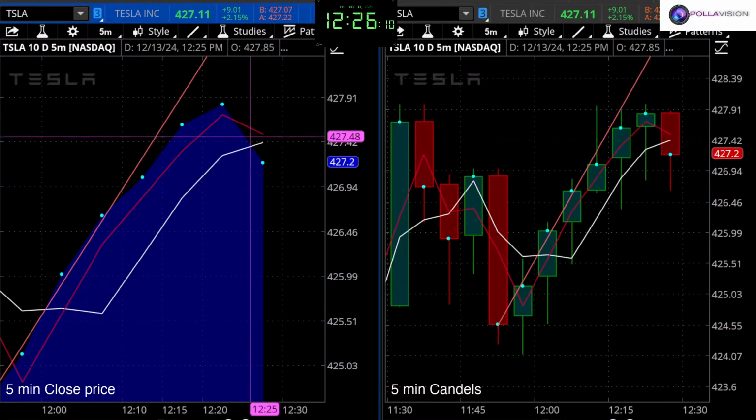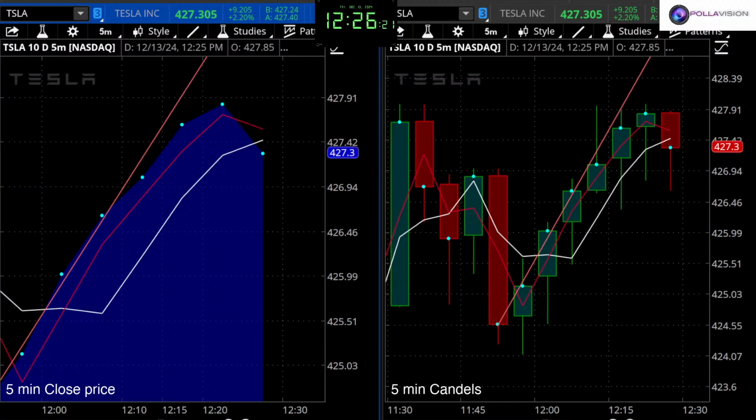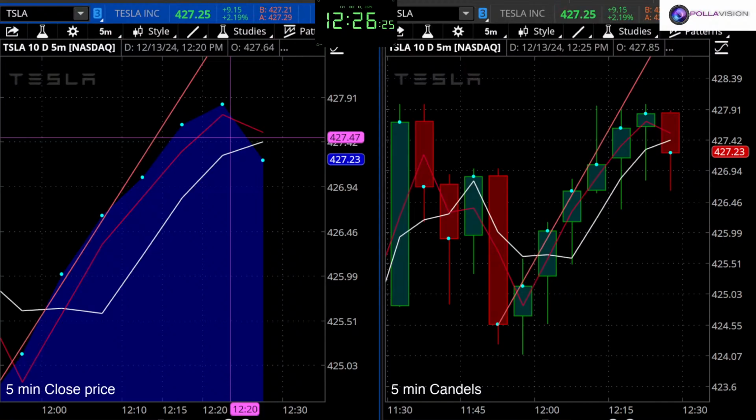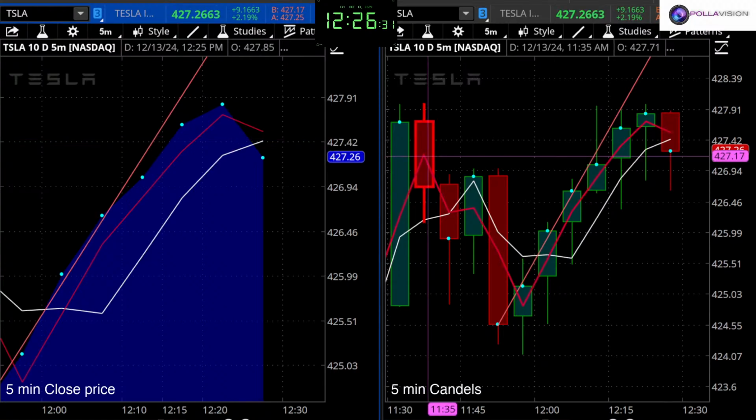So we want to close at around 127.50, and yeah, that's going to put us in a good spot. We want to close above 127.50, which is indicating we are closing on a stronger buy potential than sell potential.